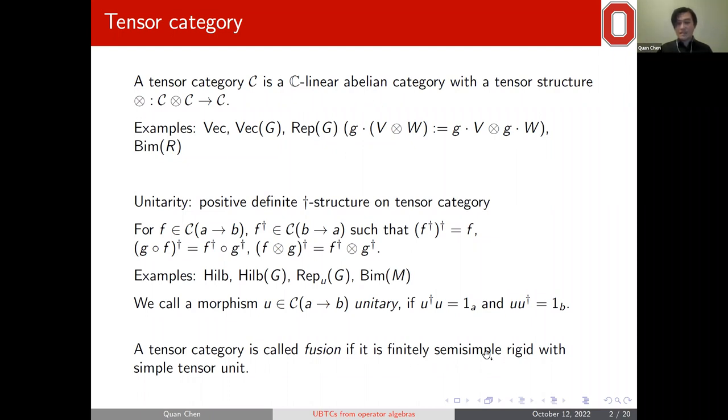Semisimple means every object in this category is isomorphic to a direct sum of finitely many simple objects. Finitely many means you only have finitely many isomorphism classes of simple objects. Rigid means all the objects have two-sided duals. And in the end, your tensor unit must be simple. Otherwise, we call it a multifusion category.